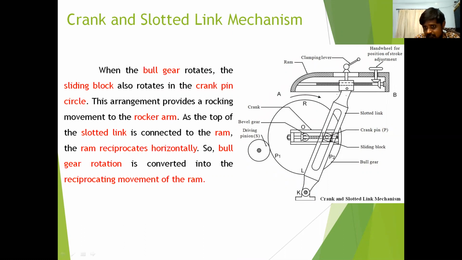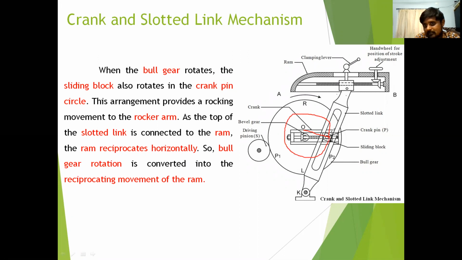For example, if this is the center O, and this is P, then as the bull gear rotates, this sliding block will rotate like this in the crank pin circle. Automatically this slotted link also moves.